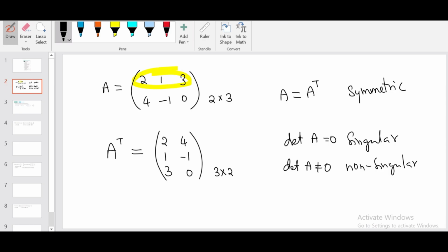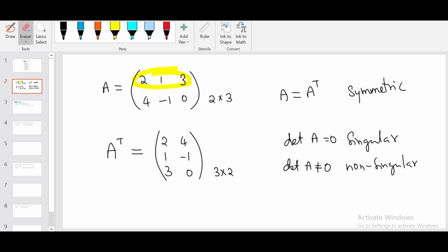For singular matrix, you cannot find the inverse, because when you find inverse, you are going to write 1 over determinant of A and all this thing. So for singular matrix, you cannot find the inverse. So not to be confused with the symmetric matrix. Symmetric is when the matrix and the transpose matrix are same.